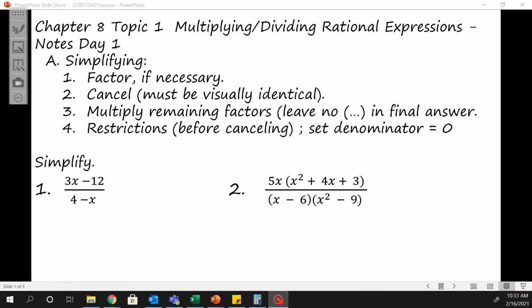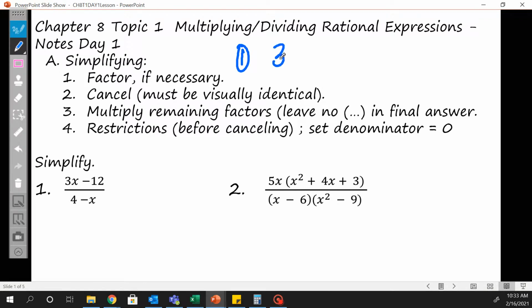So we factor and then we unfactor, we distribute. And then we figure out if there were any restrictions to the function. That would be numbers that make the denominator 0, the zeros of the denominator. All right, so let's take a look at how this looks.